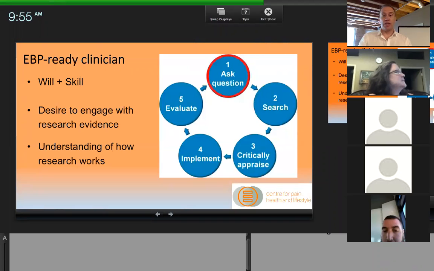And where we're going to go next is this idea about asking a question. So we're going to start at the beginning. These are the sorts of fundamental parts of research that as a clinician you need to understand in order to practice evidence-based practice.